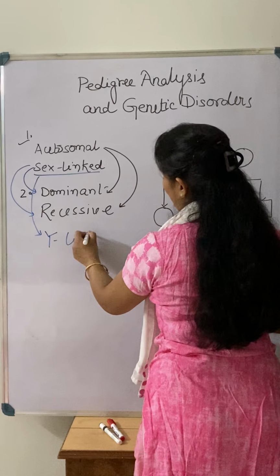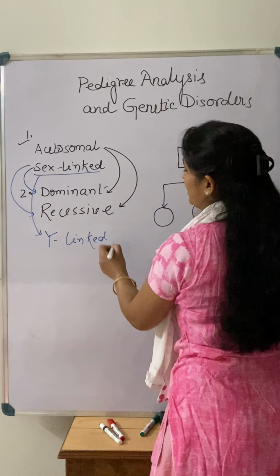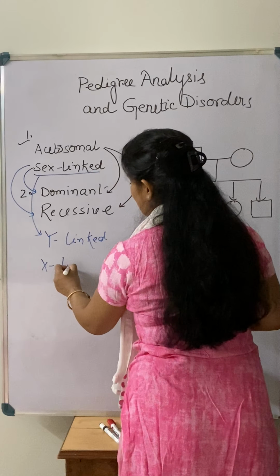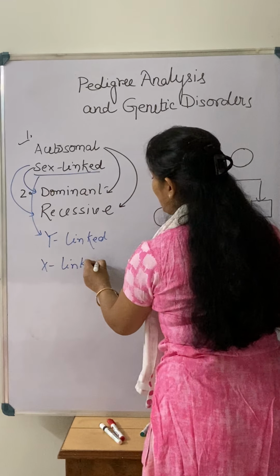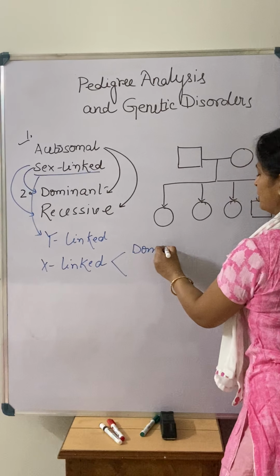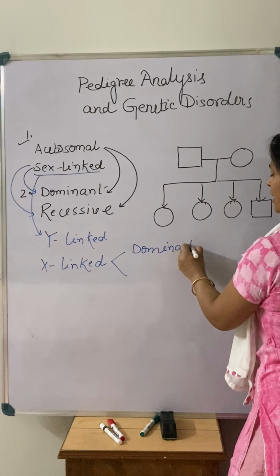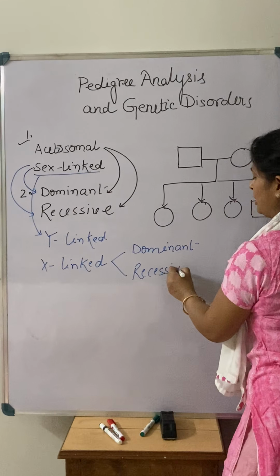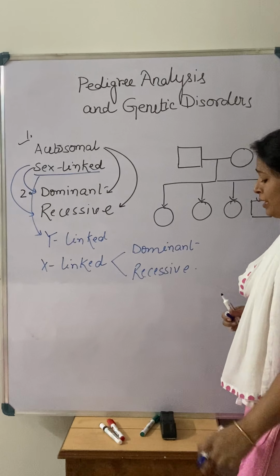Y-linked diseases are not in your syllabus, and it is very rare also. We will talk about the X-linked diseases. So in that case, we will discuss X-linked dominant and X-linked recessive. These are the things that we will discuss.